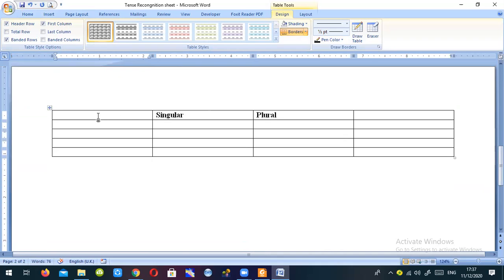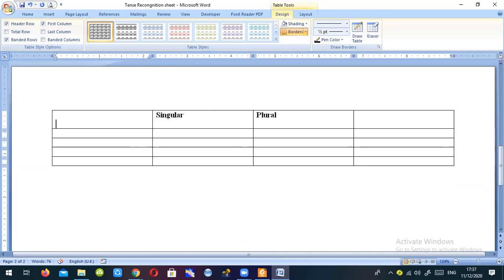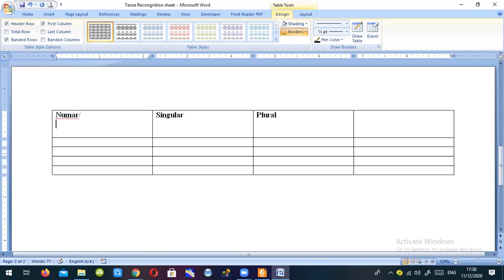It is a bit difficult for me to draw a line, so I'm writing here number. First one is number, and second one is person. Here you simply write first person.